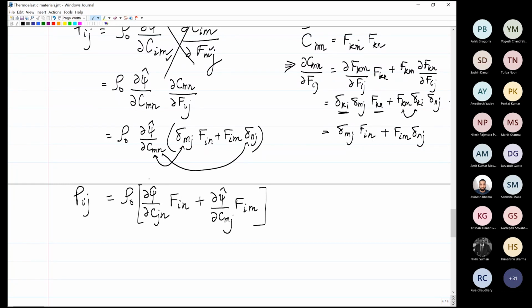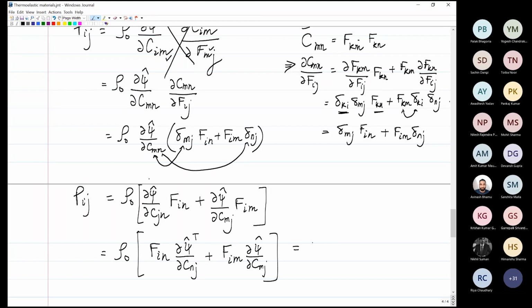So what is the tensor P then? Isn't it rho naught Fin and then del psi hat over del C Nj, but the transpose, plus Fim into del psi hat over del C mj.